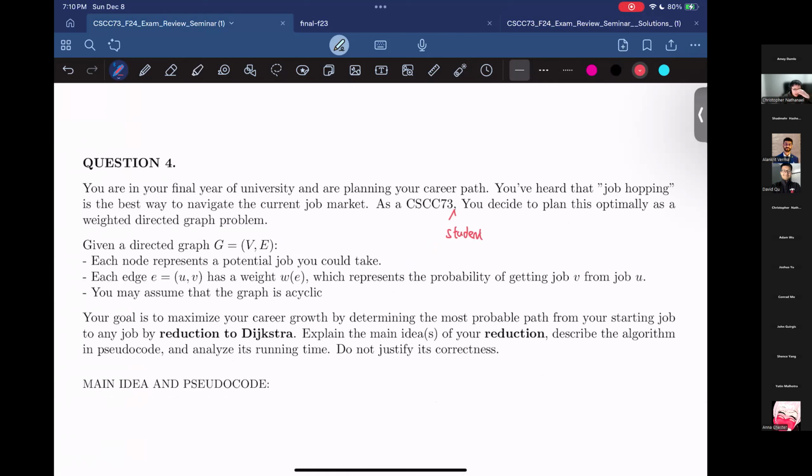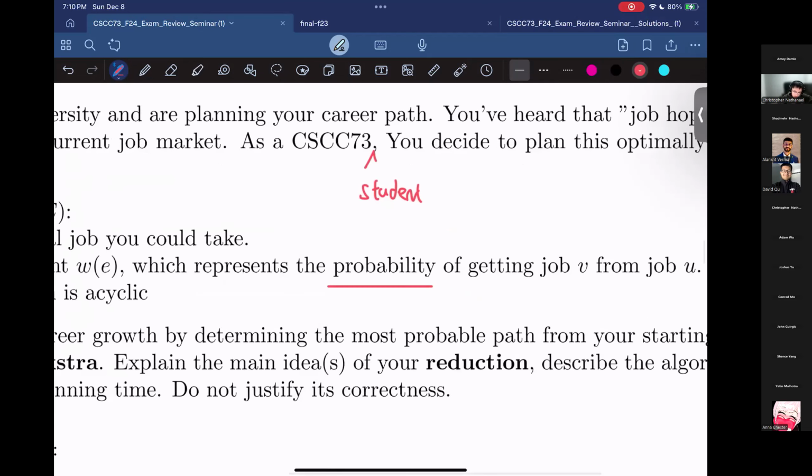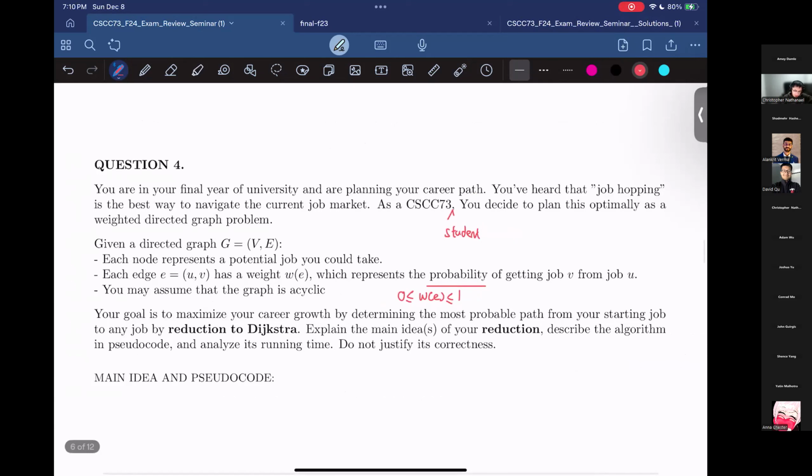Given a directed graph G(V, E), each node represents a potential job you could take. Each edge (u, v) has a weight w(e), which represents the probability of getting job v from job u. So this means that w(e) falls in the range 0 to 1. You may assume that the graph is acyclic.